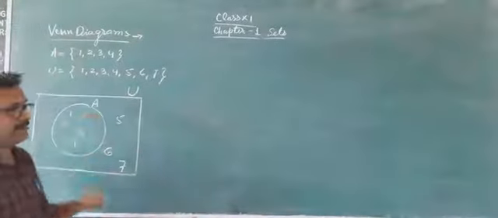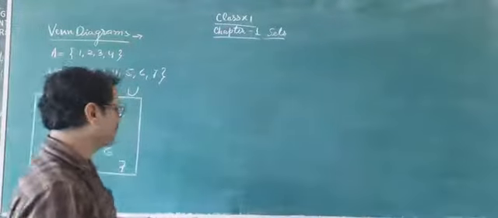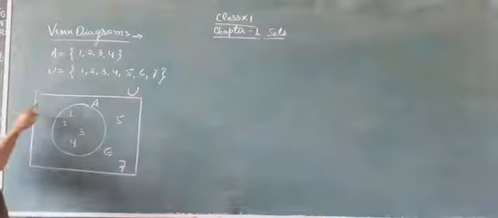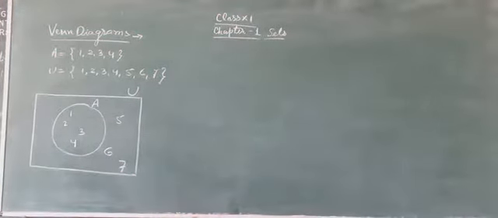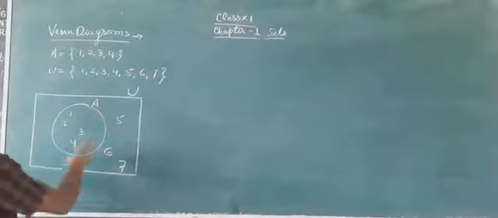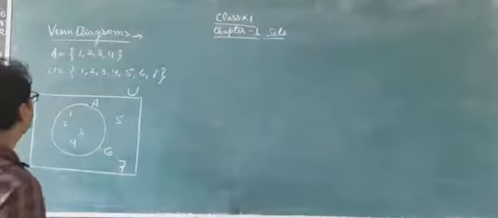In a Venn diagram we usually use circles as sets and a rectangular shape as the universal set.